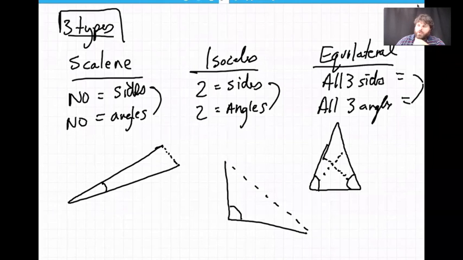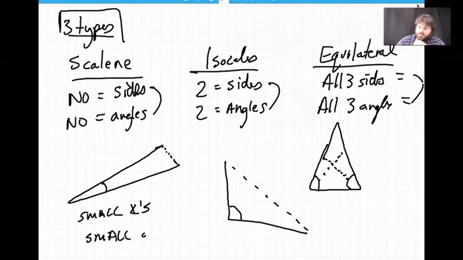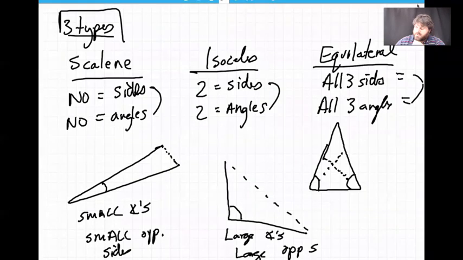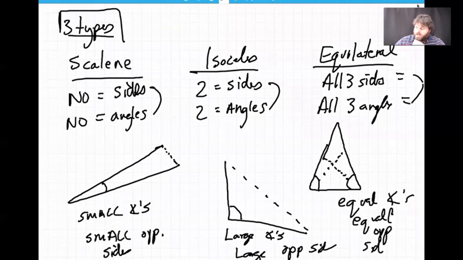Okay, so small angles give me small opposite sides. Large angles give me large opposite sides. And equal angles give me equal opposite sides. Okay, that's why in an equilateral triangle, all the angles are the same. It has to do with the sides all being the same, excuse me. It has to do with the angles, all right?